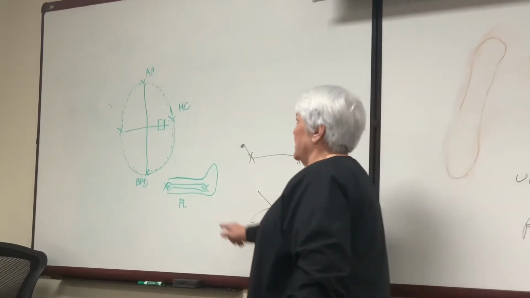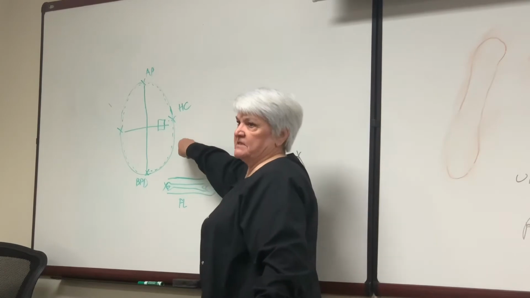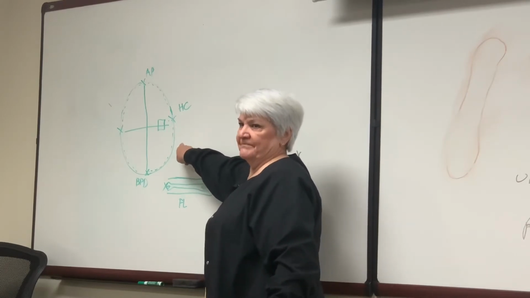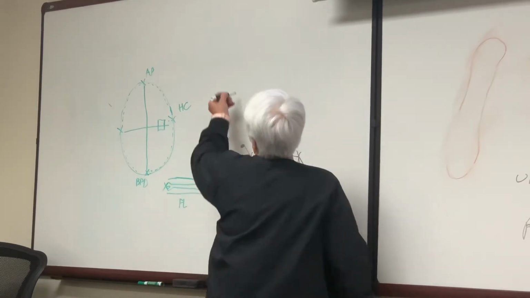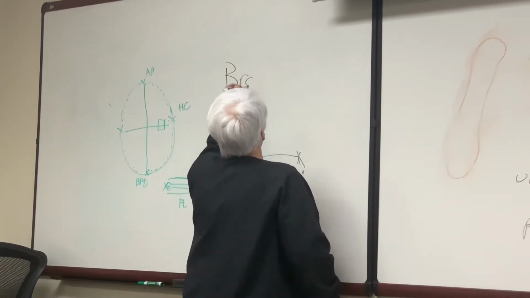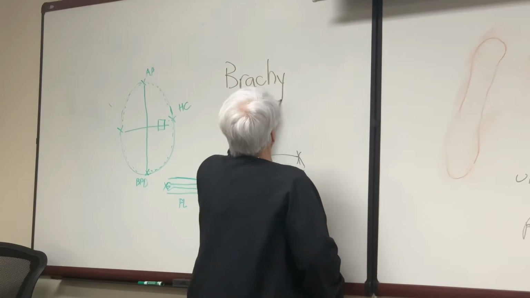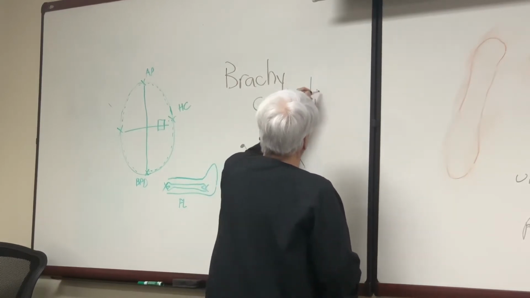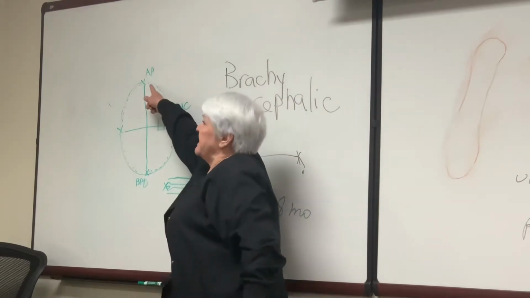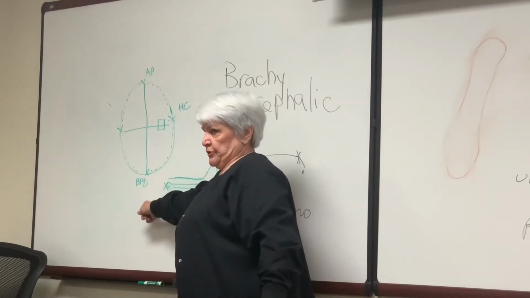Okay. What shape of head did she give this baby? Egg. Huh? These egg shape. A brachycephalic. Okay? She made the baby older.